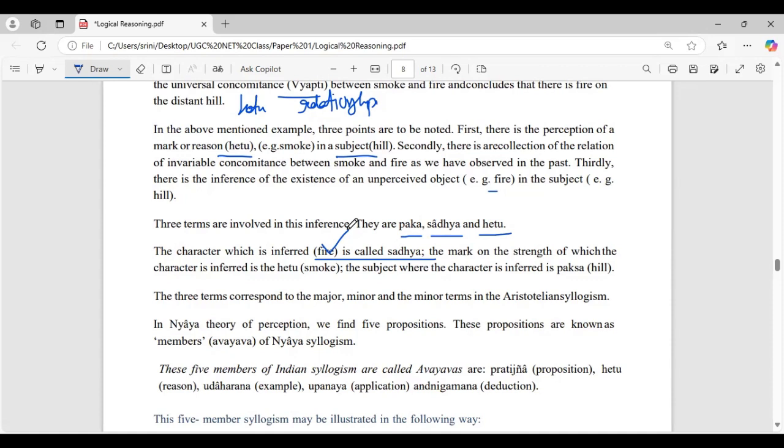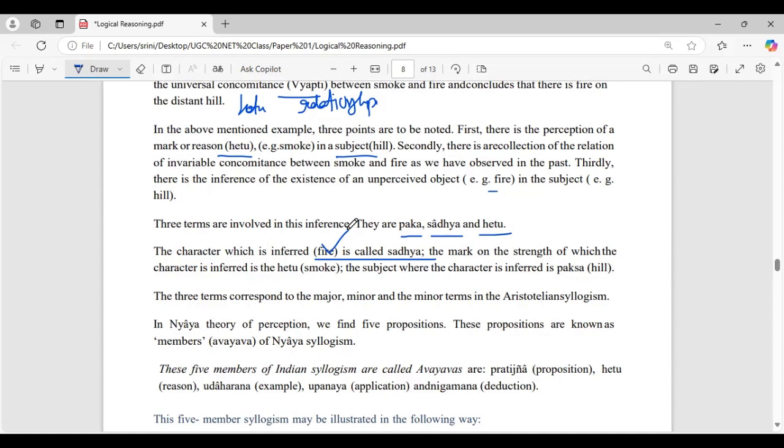The three terms correspond to the major, middle, and minor terms in the Aristotelian syllogism. In Nyaya theory of inference, we find 5 propositions.